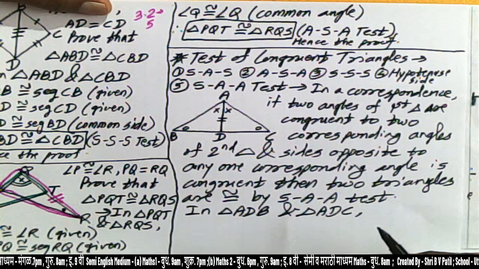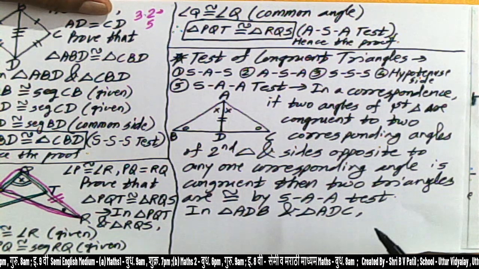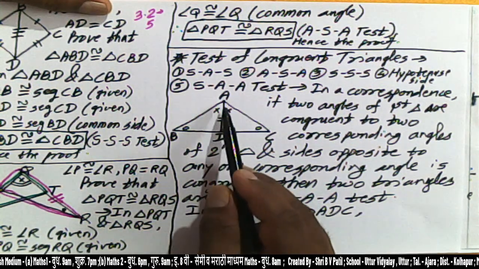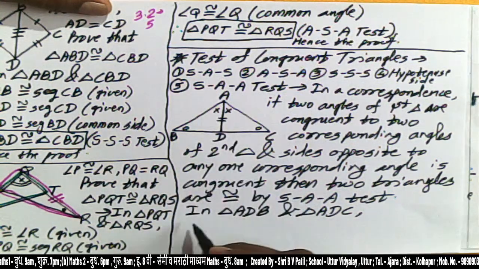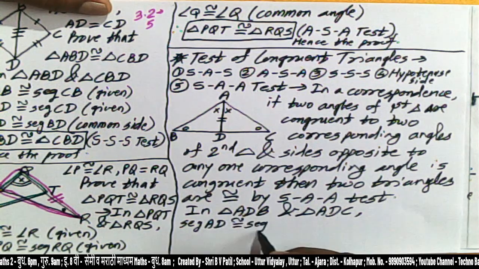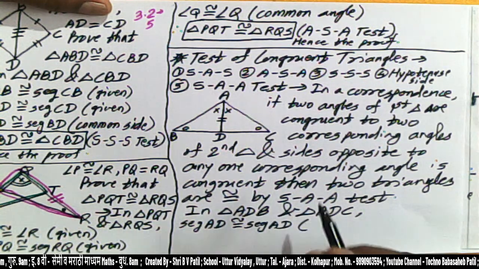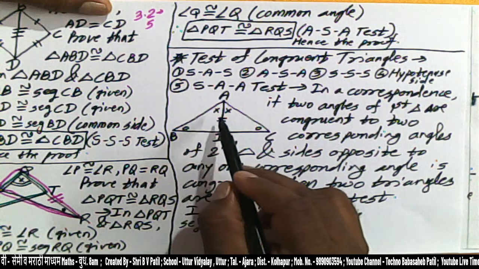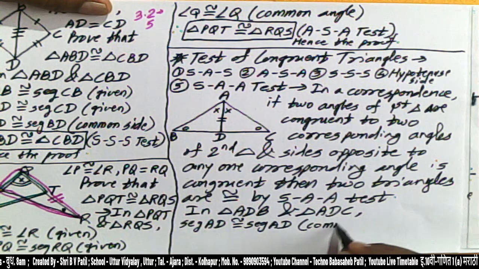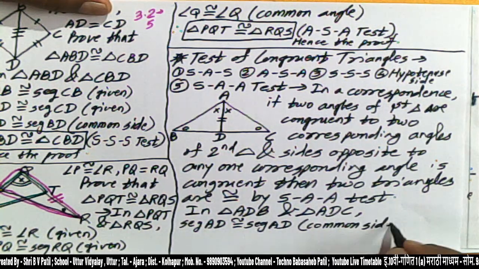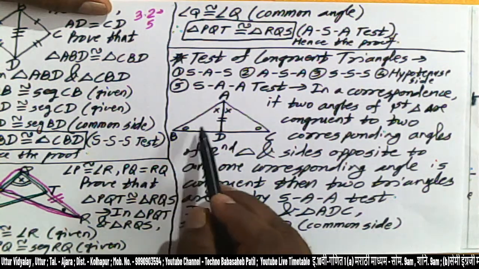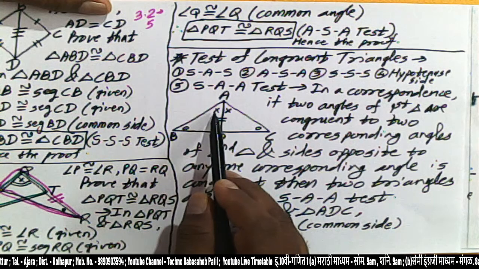First is segment AD congruent to segment AD, and the reason is this is a common side present in both triangles. Common side.